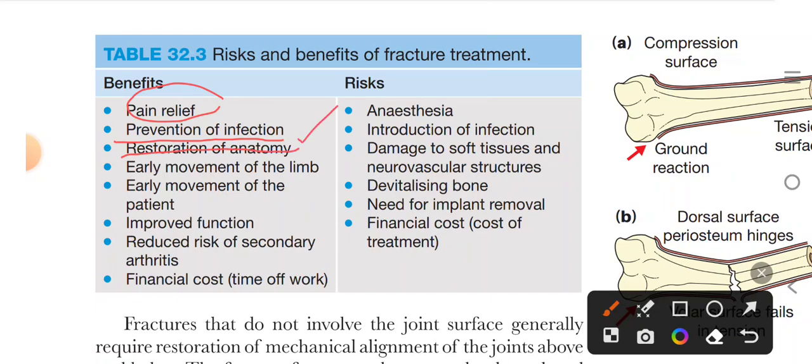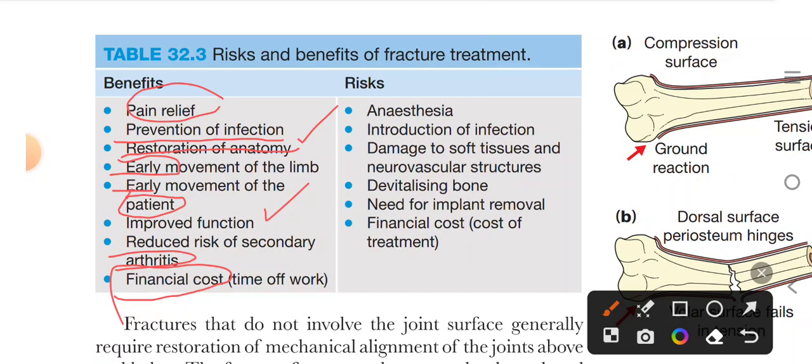Number 4 is we can move the limb early if we have reduced and stabilized a fracture. And the patient can also move early in this way. There will be improved functional outcome. There will be reduced risk of secondary osteoarthritis if we anatomically reduce the intra-articular fractures. And patient can return to work early, thereby cutting financial cost.